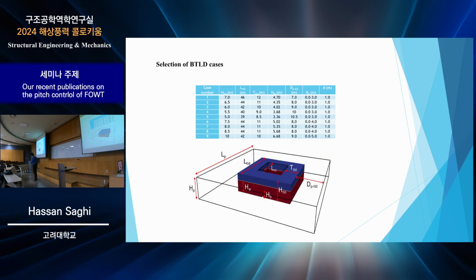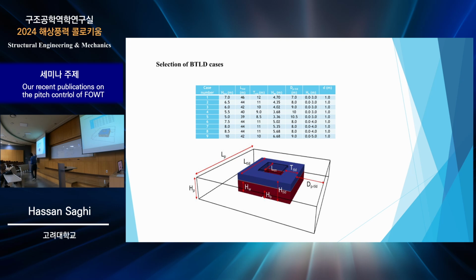To find the optimal integrated model, at the first step we modeled a huge number of BTLD cases, which you can see in this figure. We selected 9 cases, the optimal ones, and we integrated these cases with the barge.